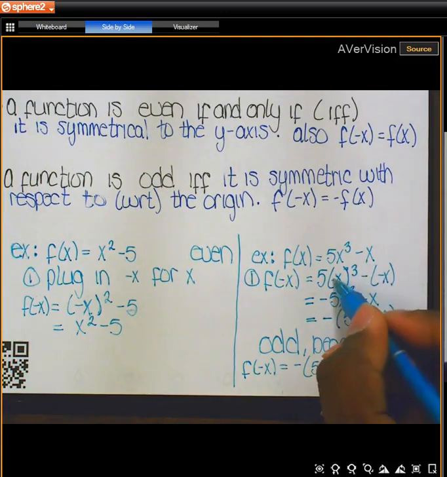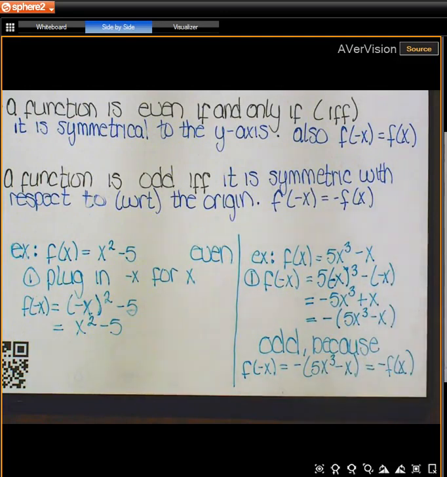Over here we had negative x cubed. What's negative x times negative x? And then we multiply that again by negative x. Yeah, it becomes negative x cubed.